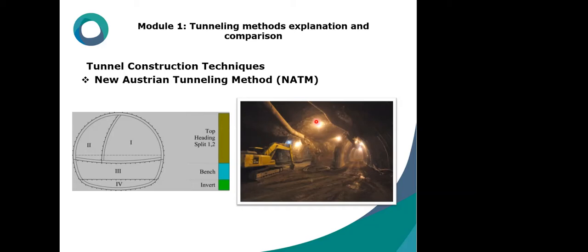On the other hand, large deformations and a high number of excavation stages that make progress slow are some of the disadvantages. The probable configurations in different conditions will be discussed in this module. A series of practical examples and tunnel sections will also be shown to attract your interest.